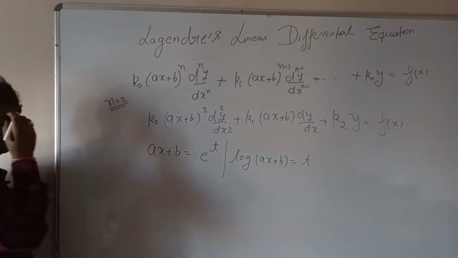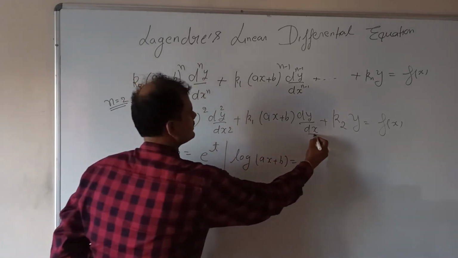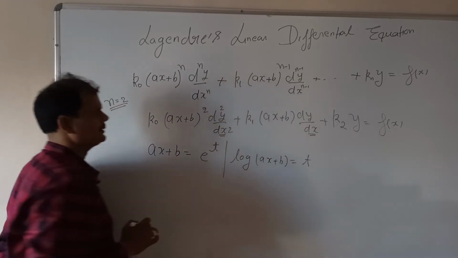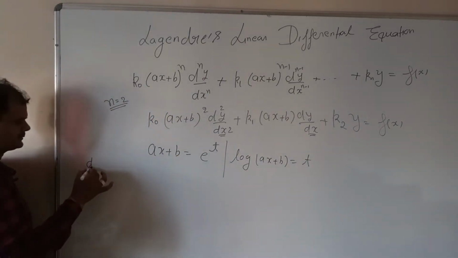Fine. Now using this transformation, let us try to calculate these derivatives, dy by dx and d2y by dx square. So what is dy by dx?